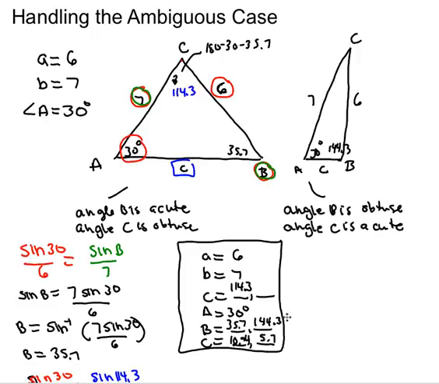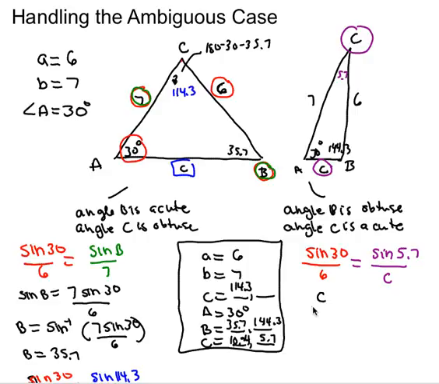Now I have all the angles, so I'm only missing side length C. I'm going to use the ratio of the sine of 30 divided by 6 equals the sine of 5.7 divided by C, since angle C is 5.7 and I need to find length C. Now I just run through the algebra.